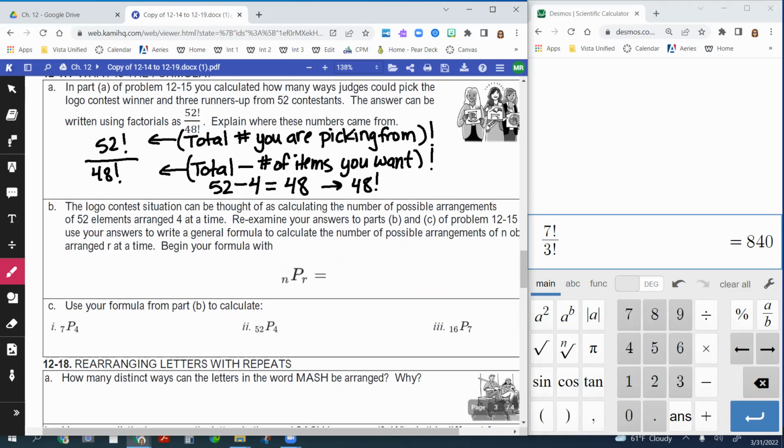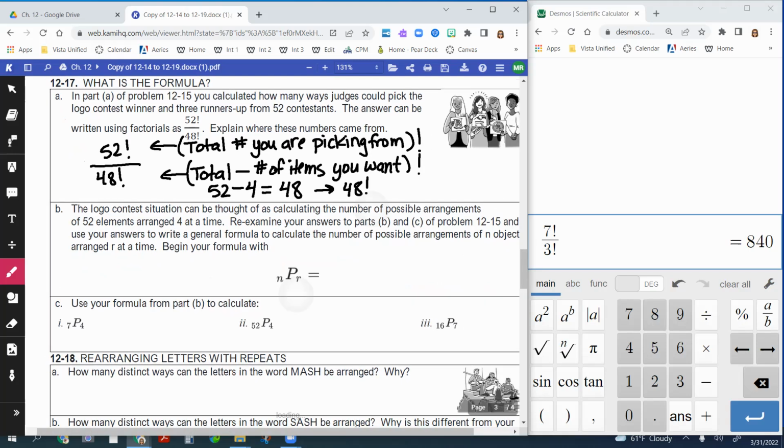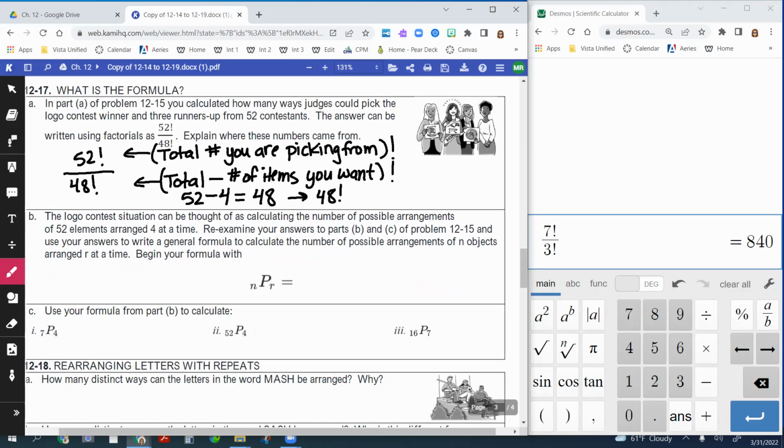On B, the logo contest situation can be thought of as calculating a number of possible arrangements of 52 elements arranged 4 at a time. Re-examine your answers to part B and C of problem 12-15 and use your answers to write a general formula to calculate the number of possible arrangements of n items arranged r at a time.